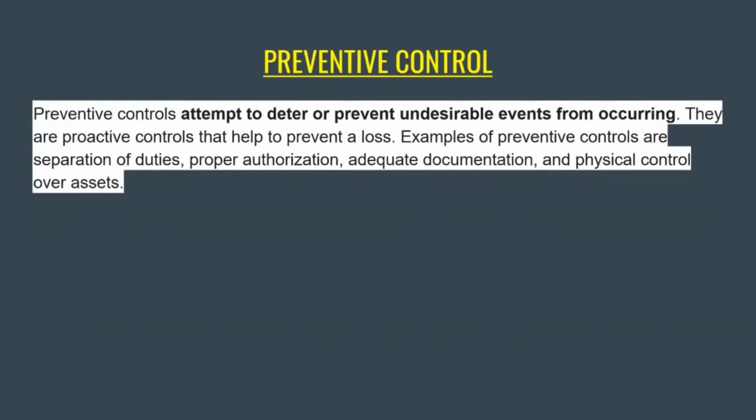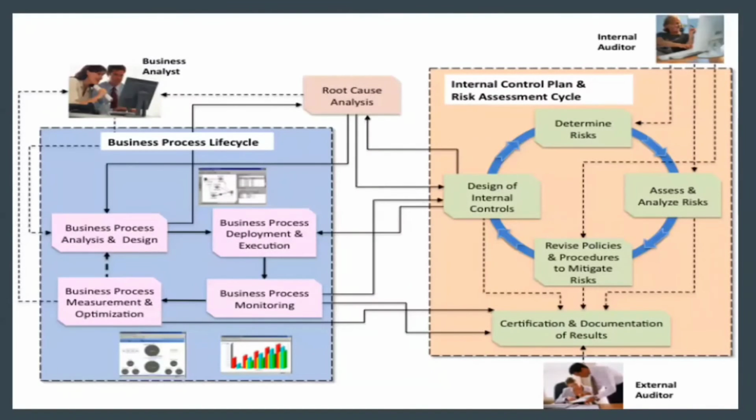In simple ways, we can say that preventive controls are the methods to control an undesirable loss or an unpredictable failure in an organization. So there are specifically some activities to prevent this.